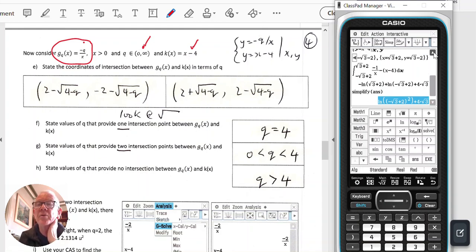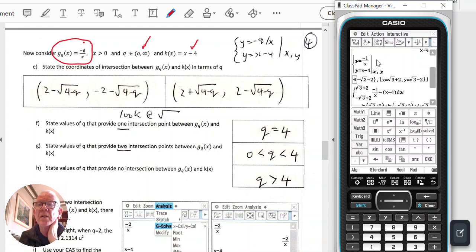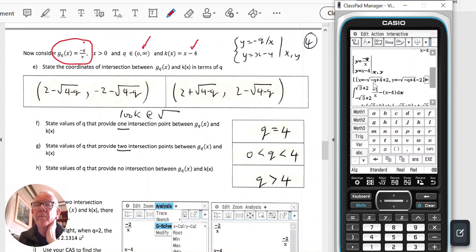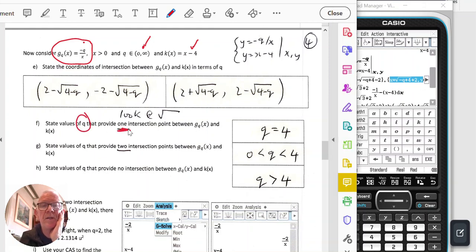So if I go up to my simultaneous equations and change that 1 to a q, I can now write that these are my x and y coordinates, and these are the second ones.